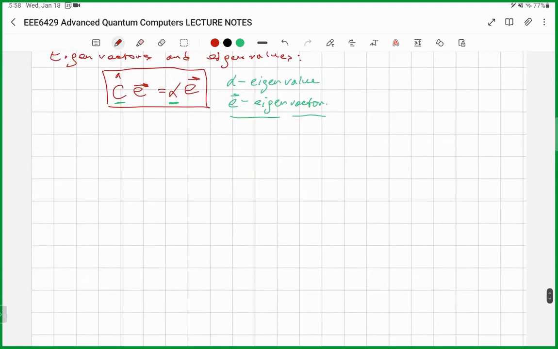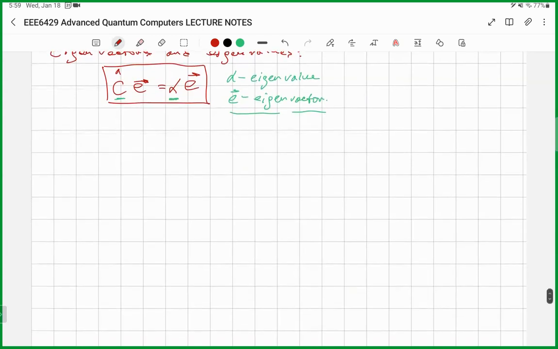This saves our space and makes everything look good. So we can represent this formula for eigenstates and eigenvalues in the matrix form.